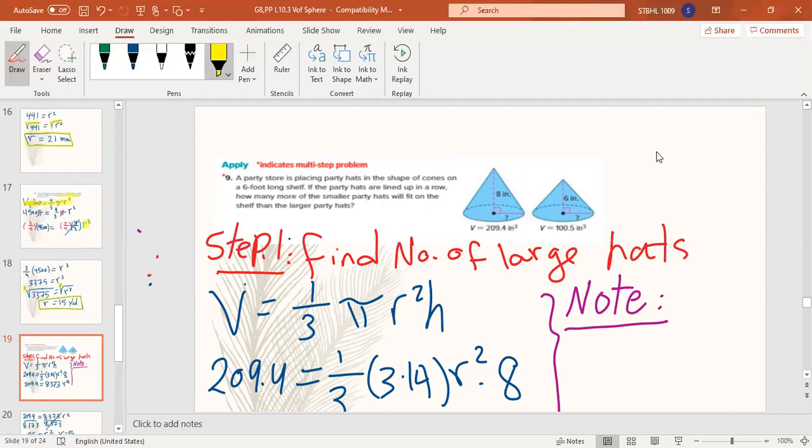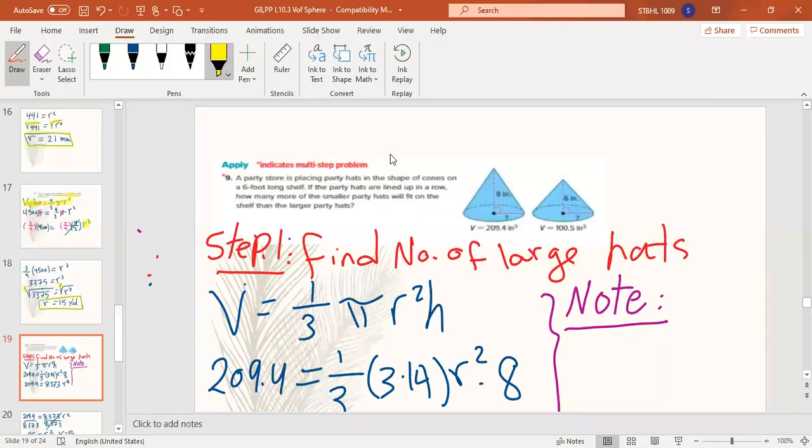If the party hats are lined up in a row, how many more of the smaller party hats will fit on shelf than larger party hats?